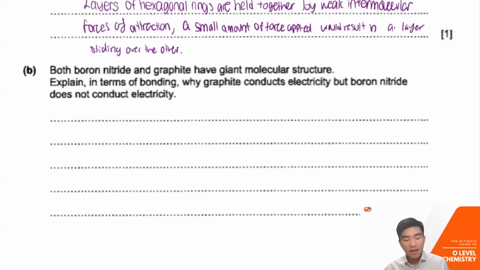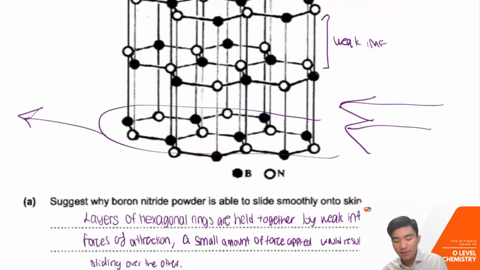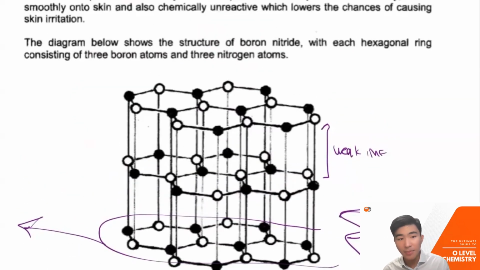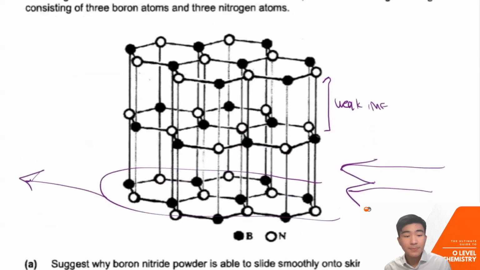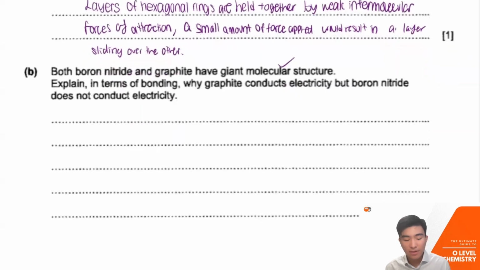Okay, let's go through. Now, boron nitride and graphite both have giant molecular structure. Means they all contain this form of structure where the atoms are all covalently bonded. Now, in terms of bonding, why does graphite conduct electricity, but boron nitride does not conduct electricity? We understood earlier that graphite, because of its delocalized electron, right?